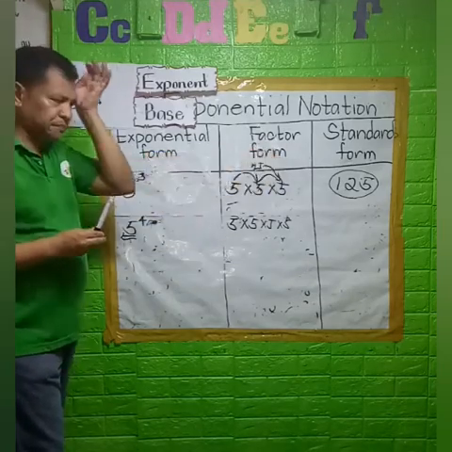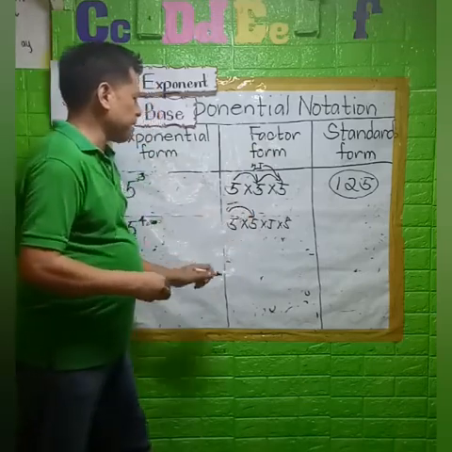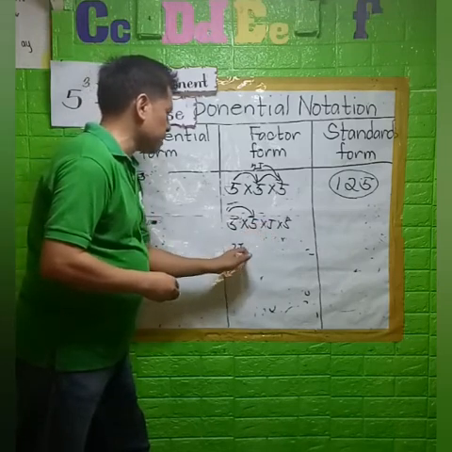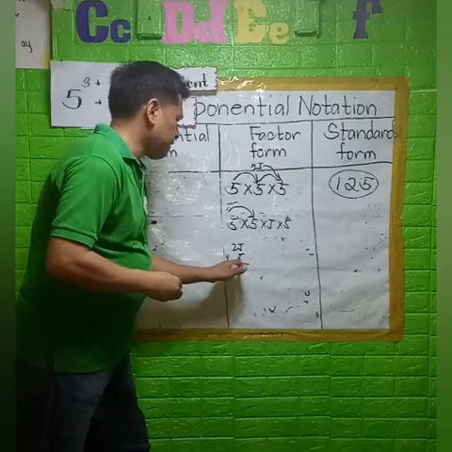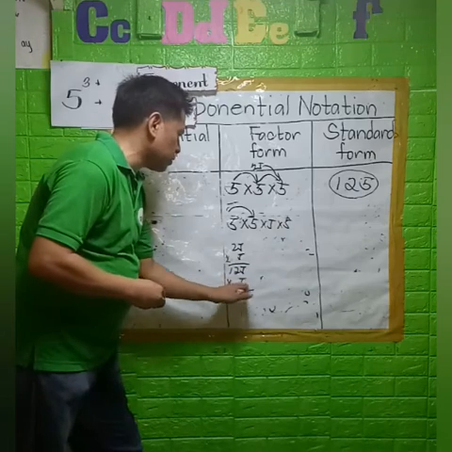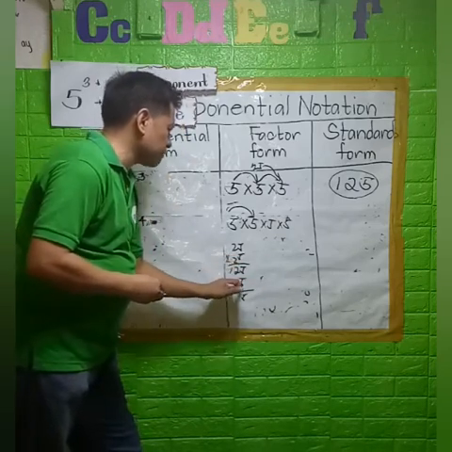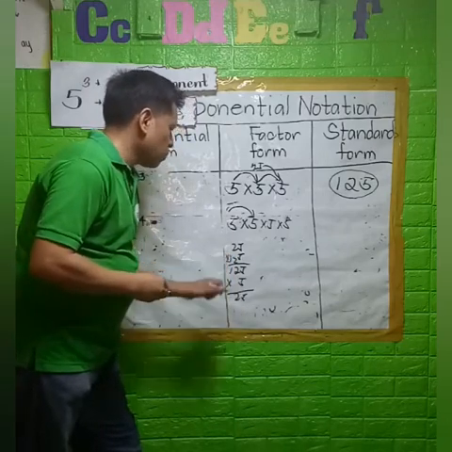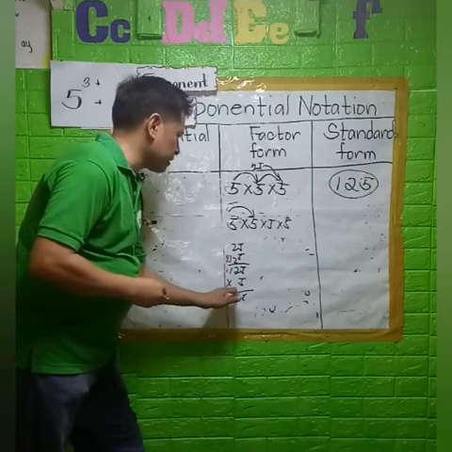If we are going to multiply 5 times 5, that is 25. Then if you multiply it by 5, you will arrive at 125. Then again, you multiply it with 5, so 5 times 5 is 25, carry 2. 2 times 5 is 10 plus 2 is 12, carry 1. 5 times 1 is 5 plus 1, that is 625.